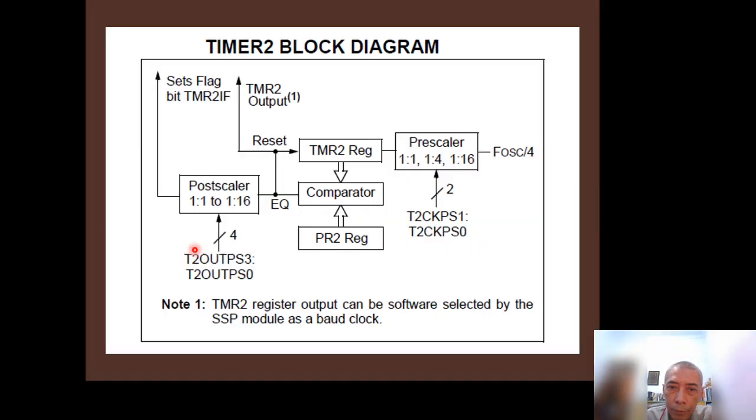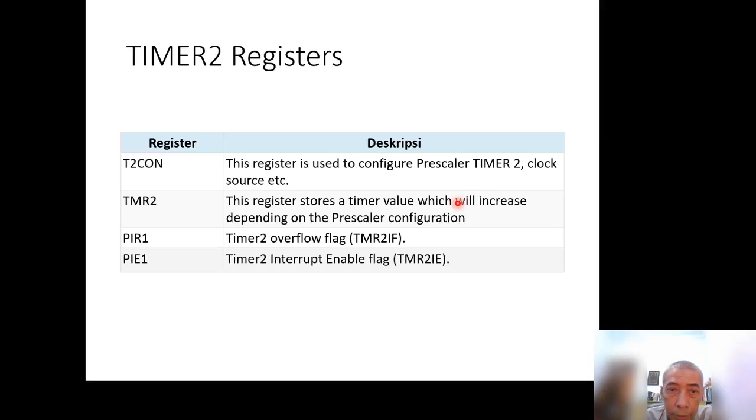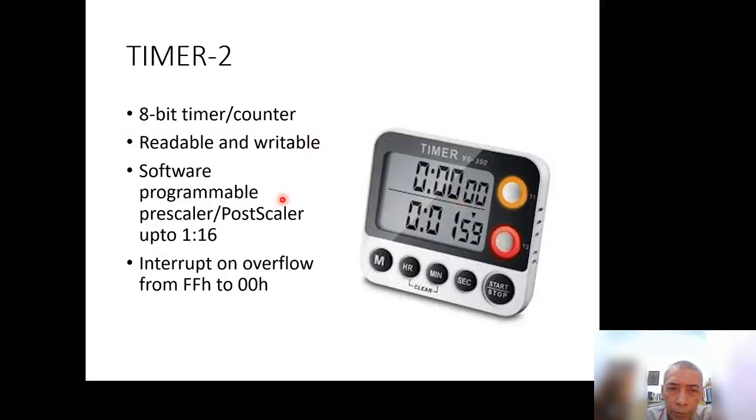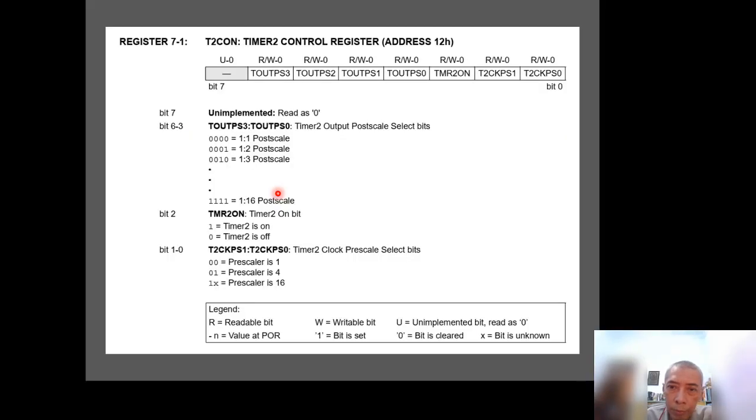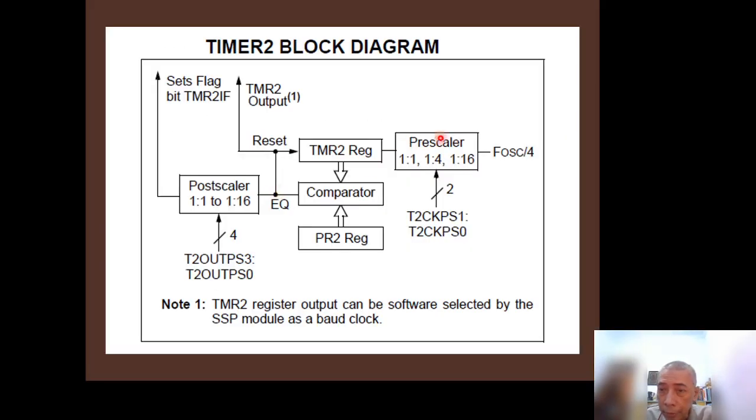So this is the timer 2 block diagram from the oscillator clock. I think you cannot select the source of the clock. Okay, for the timer 2 only the internal clock divided by 4. So this one is using the prescaler. This is the timer 2 register.